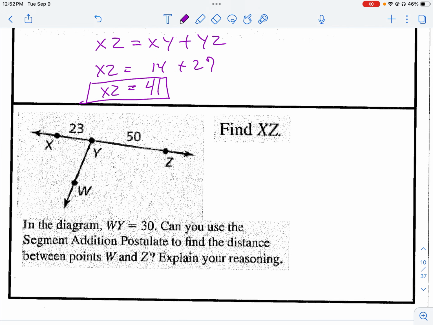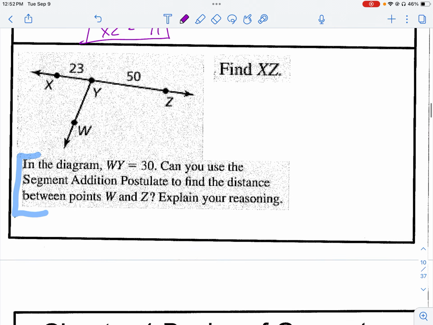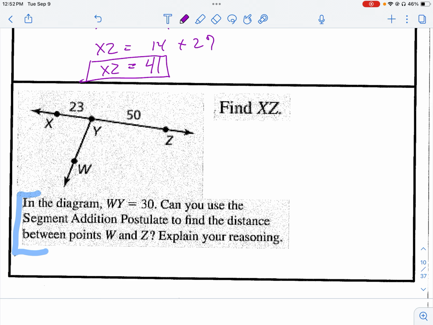Take a shot at this one, find XZ, then unpause, see how you did, and then answer the second part down here, and then unpause and see how you did. All right. Let's see how you did with XZ. So XZ equals XY plus YZ.